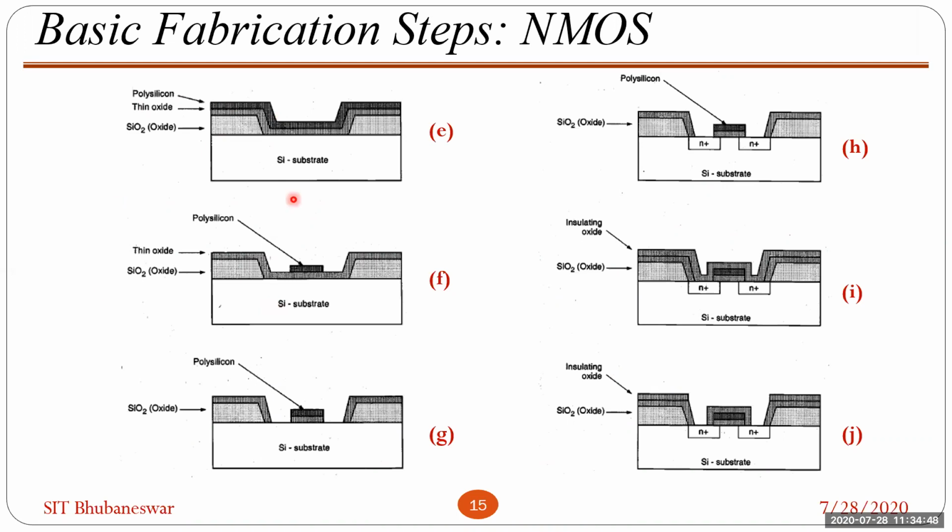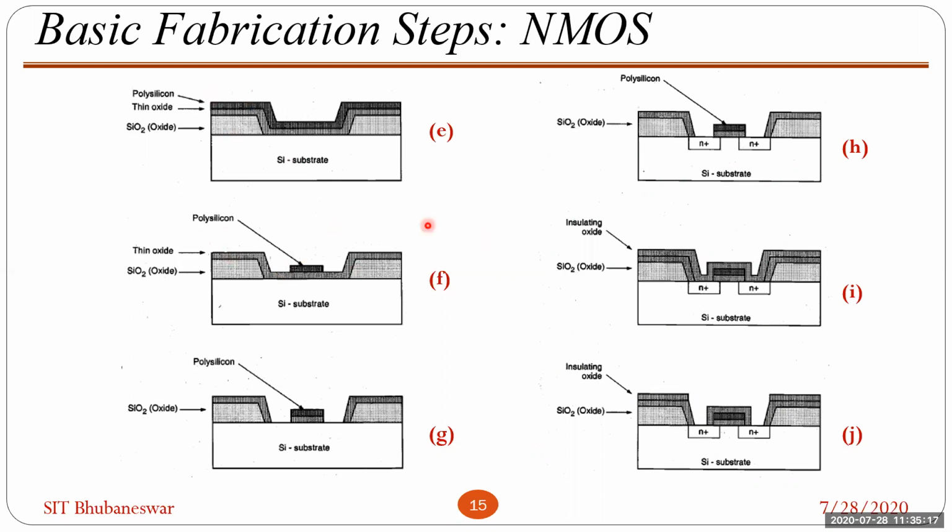Now here the next thing will come, the patterning of the polysilicon. Whatever process you have followed in the dioxide patterning, you will follow the same thing here in patterning of the polysilicon. So you will use some featured mask, then you will put UV lights, then you will etch these polysilicon parts from here.